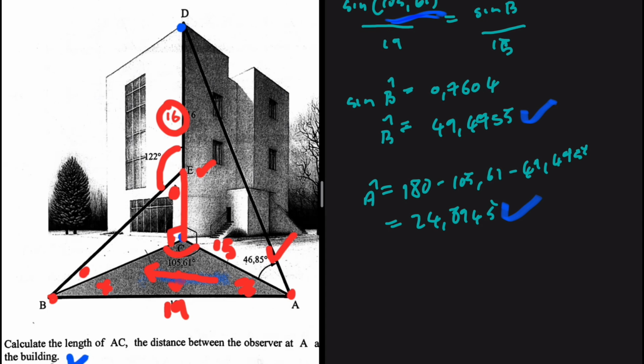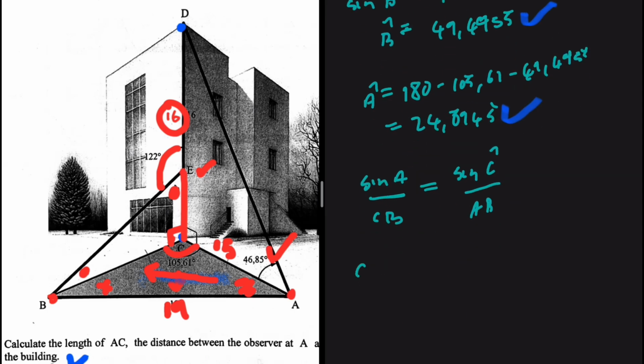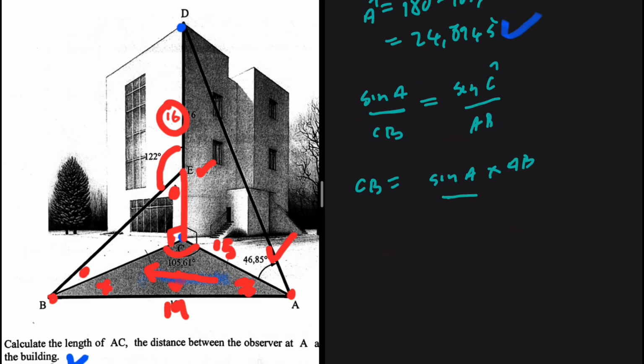We're going to say sine of A over CB is equal to sine of C over AB, since we have the freedom of choice. So CB is going to be equal to sine of A multiplied by AB divided by sine of angle C. Let me put that in my calculator.